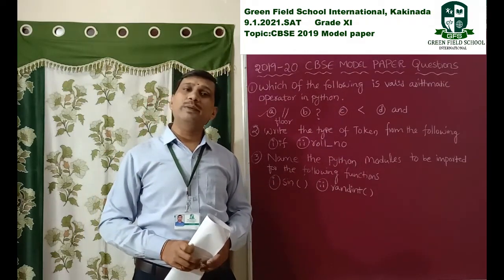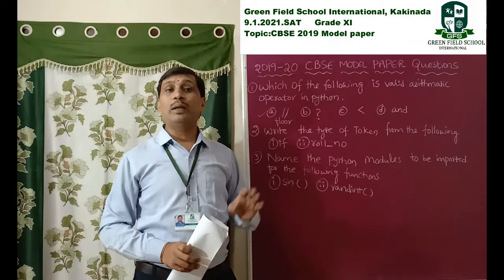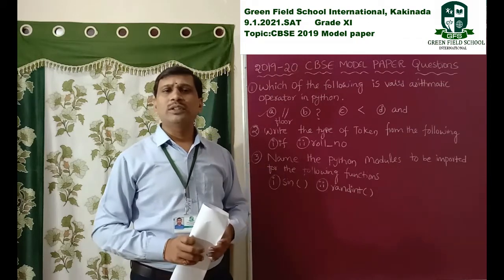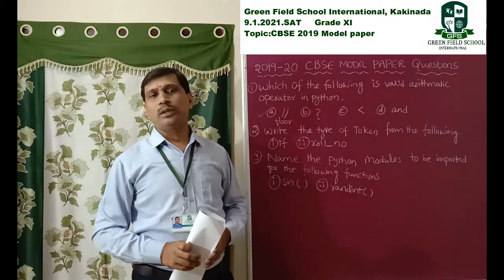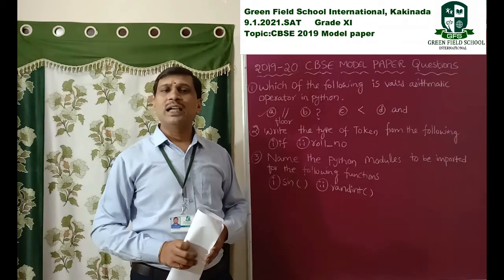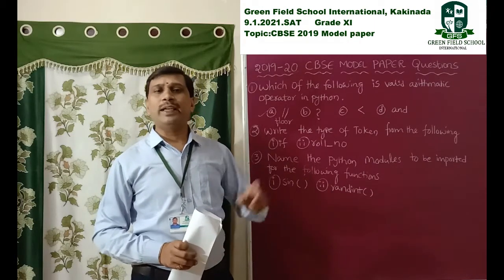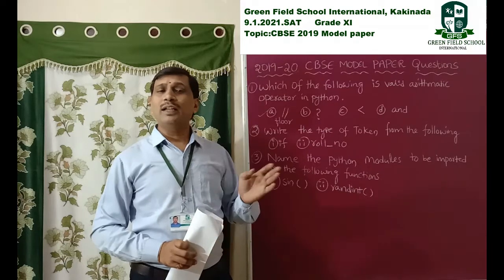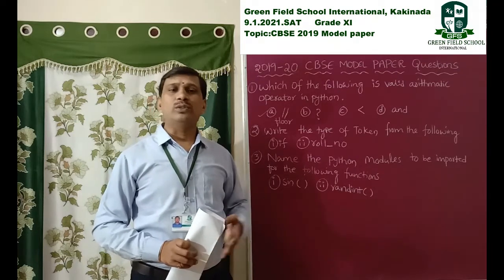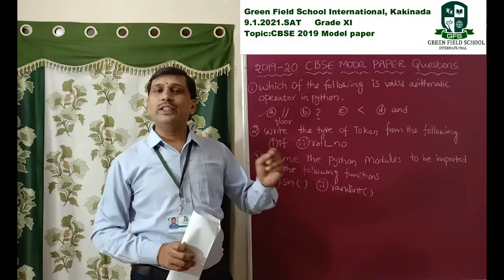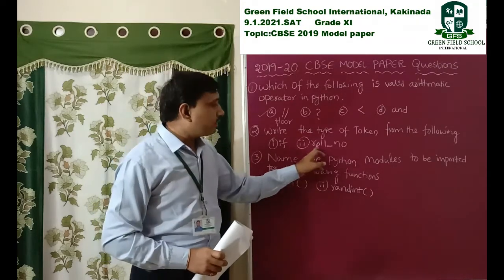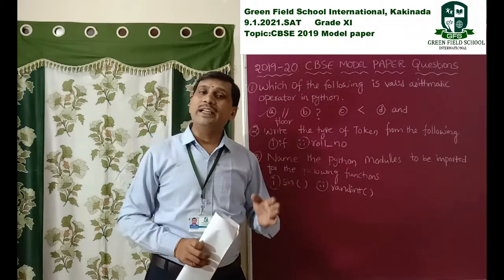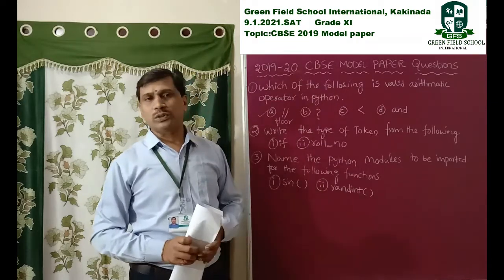Next, coming to roll number. Identifiers mean names. We provide some names or IDs to particular variables. For storing any value in a variable, first we assign a name to that variable. Every variable or identifier has some rules.